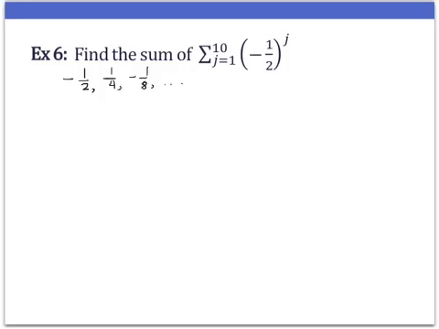Your ratio, if you divide these, is negative 1/2. What you see in this parentheses, this is your ratio. And this is T1. And so that's all the information we need besides n, which is the last number on your sigma. So if you remember, here's our formula.